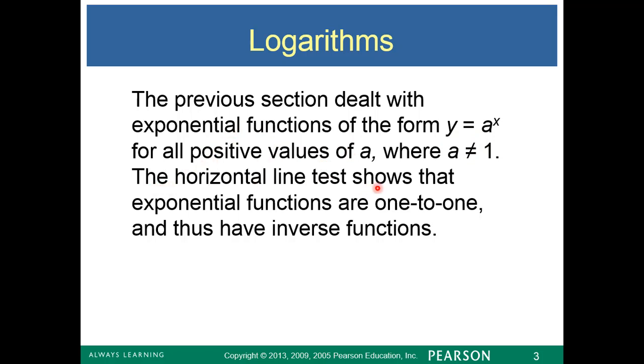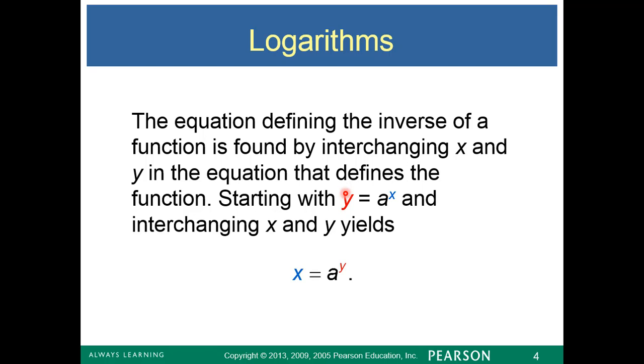The horizontal test shows that the exponential functions are 1 to 1 and thus have inverse functions, right? Those inverse functions are what we call the logarithmic functions, found by interchanging x and y. So we're going to go through those steps, and then we're going to solve for y, and then that's going to be the inverse function.